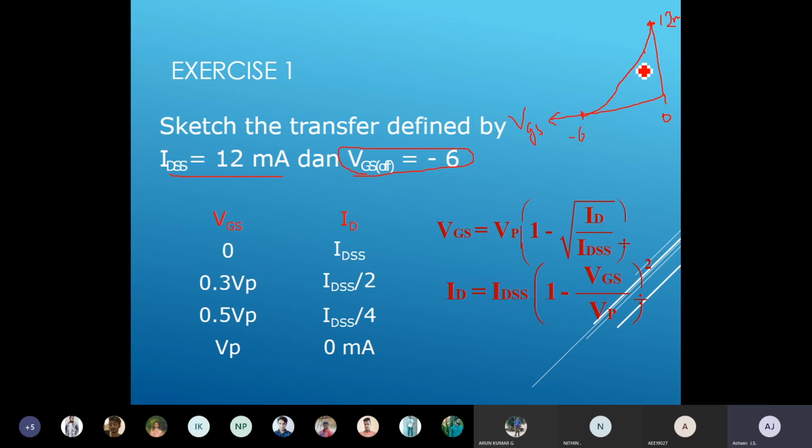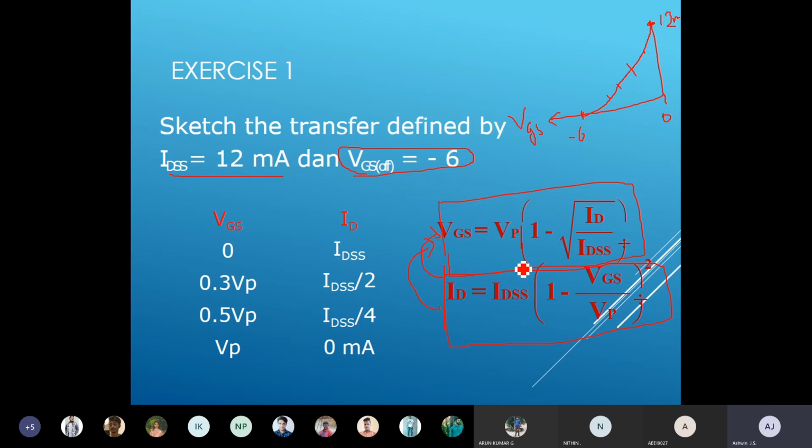Now I need to find the mid value. For that I will use this equation, transform it into this, and find the in-between value.